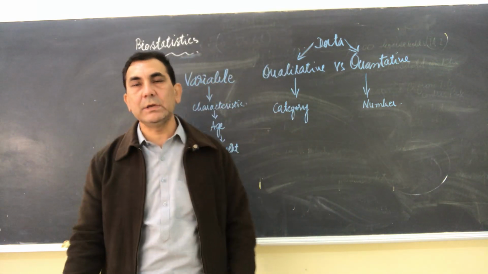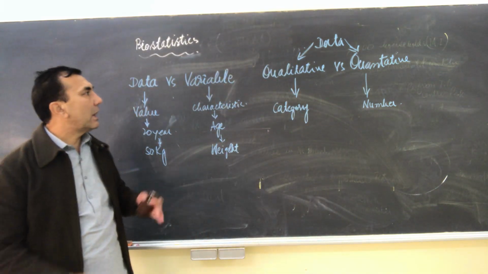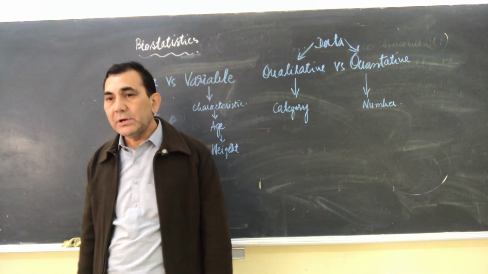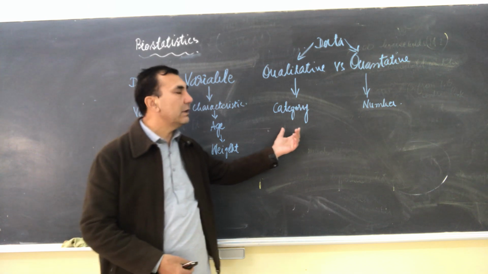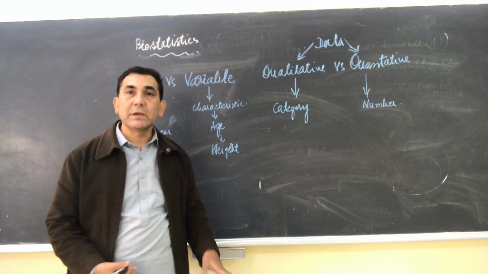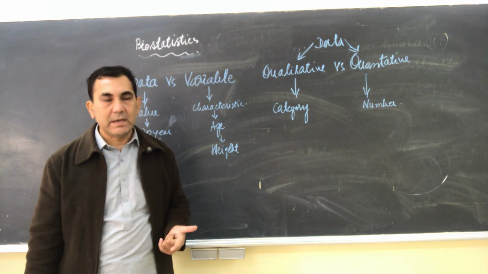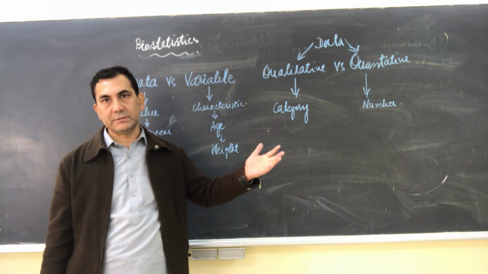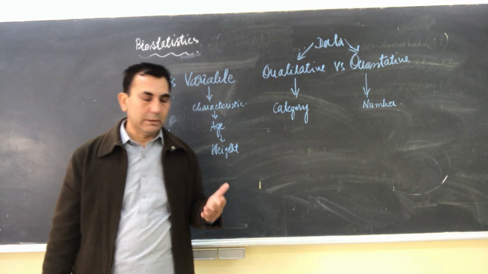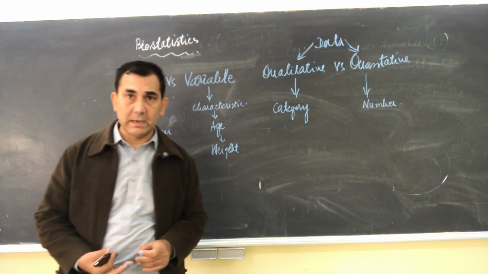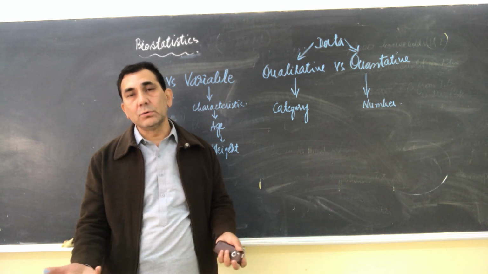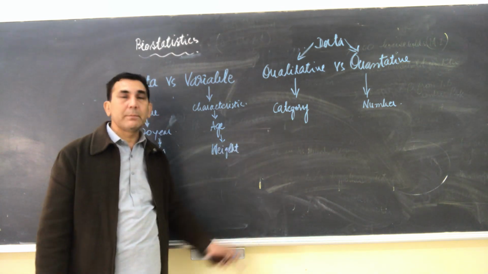Now, the two types of data: one is called qualitative data, the second is called quantitative data. The qualitative data is always in the form of categories. It is not in the form of numbers, but always in the form of categories and groups. For example, political parties: People's Party, PMLN, PTI, MQM, PMLN Q, these are different political parties.